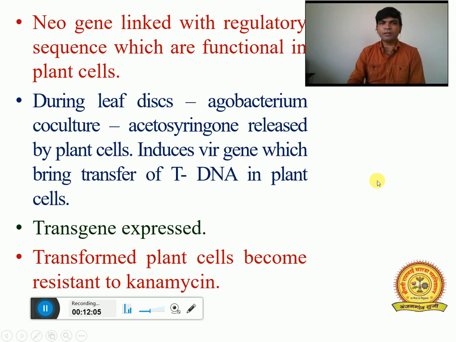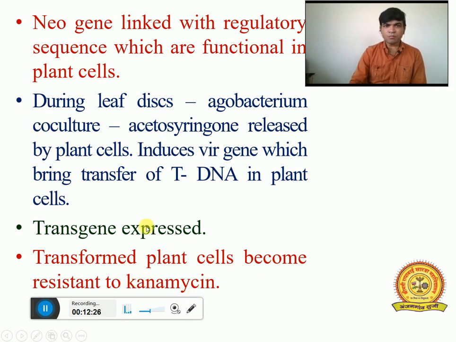During the leaf disc Agrobacterium co-culture, acetosyringone is released by the plant cell and induces the VIR region, which brings the transfer of the T-DNA into the plant cell. Now this transgene is expressed, and the transformed plant cell becomes resistant to kanamycin.